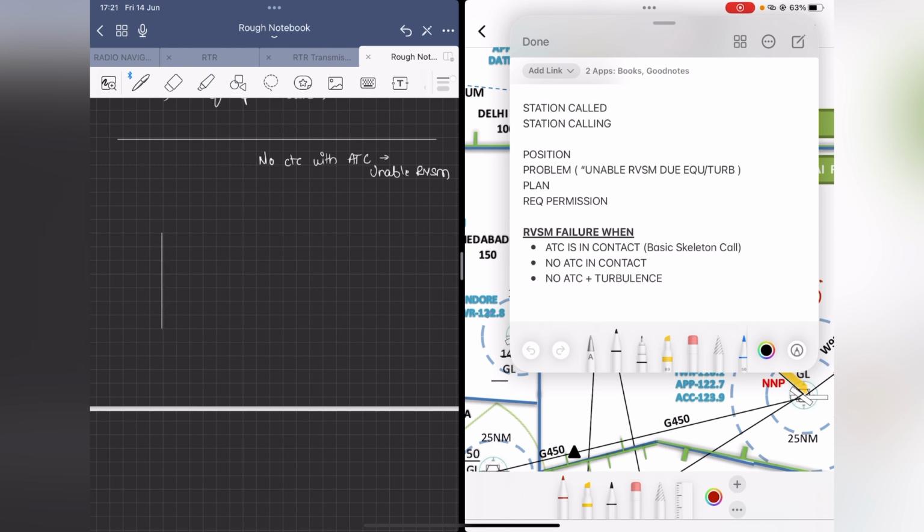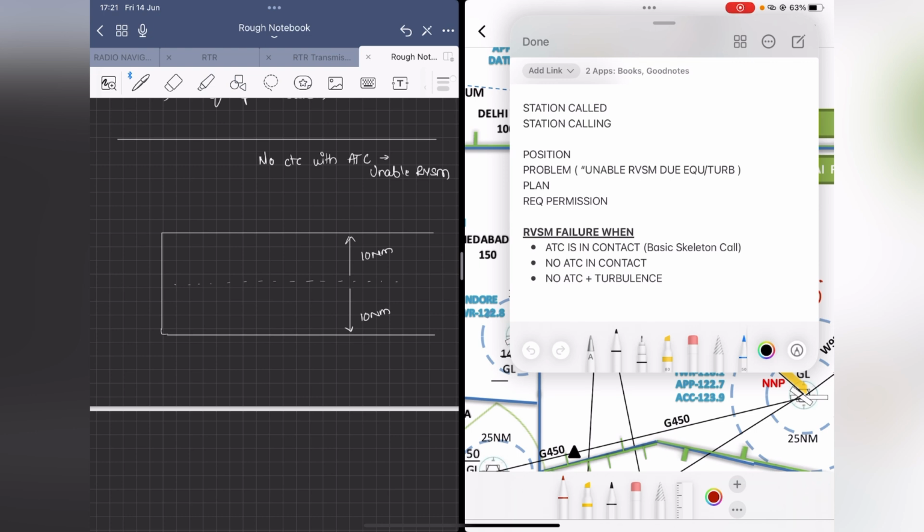Now, if you watch the previous videos, you'll recall that the ATS routes we've discussed are 20 nautical miles wide over land and 40 nautical miles over sea. So it's 10 nautical miles this side and 10 nautical miles to the other, in total 20 nautical miles wide.